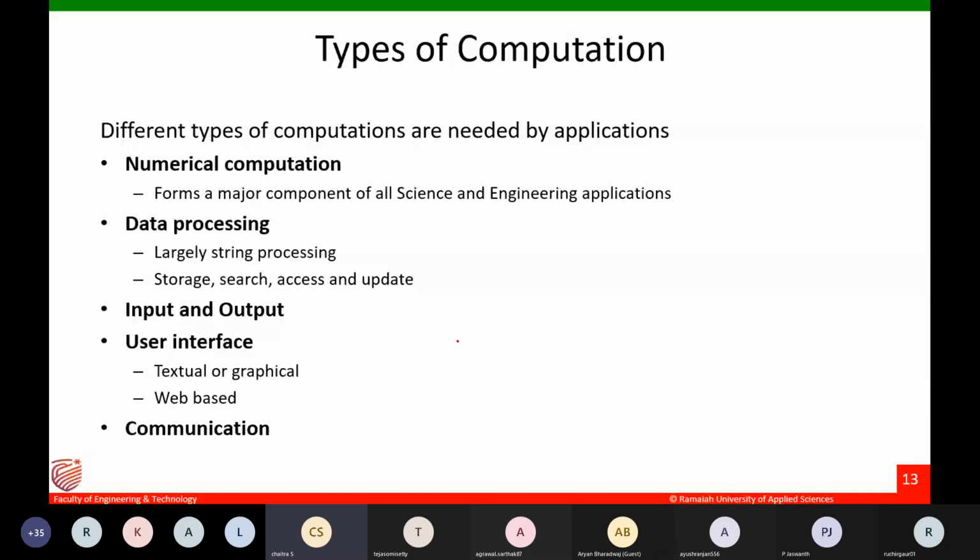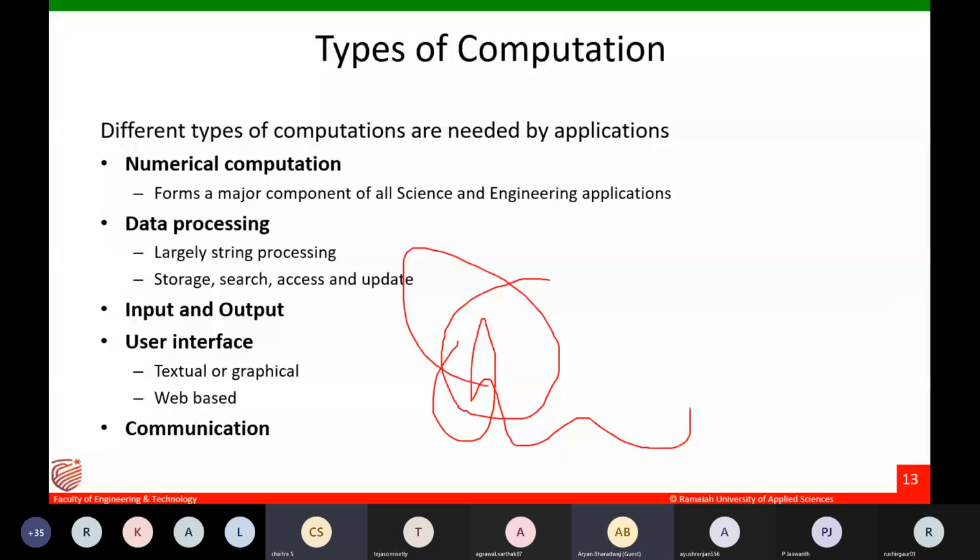So what is the current user interface which we are using right now? Is it textual, graphical, or web based? Web based. It is web based. But now and then I'm able to write also, so it can be textual. If I'm using some figures, then it is graphical.